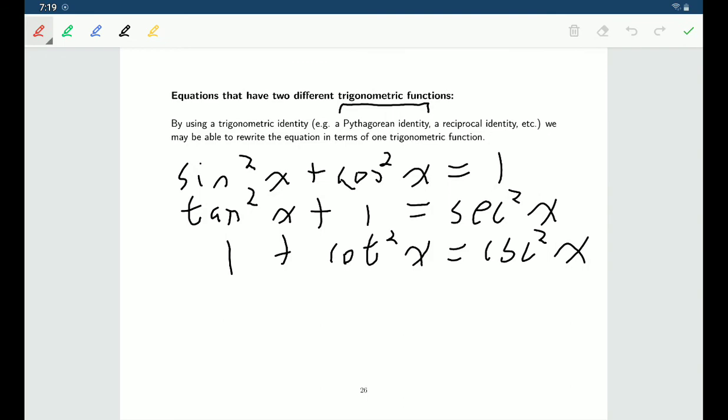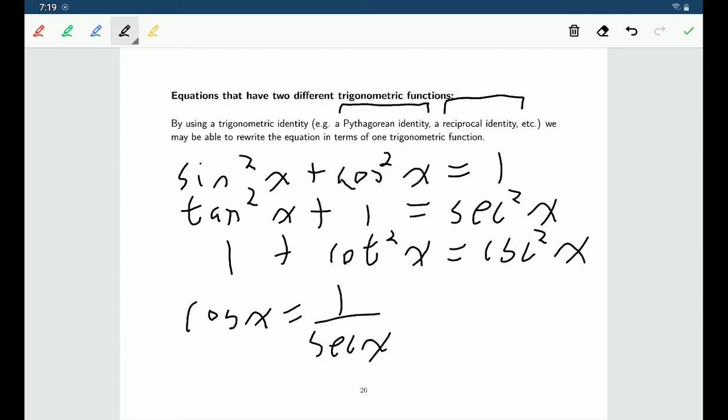Reciprocal identities are things like the fact that cosine is the reciprocal of secant, or that tangent is the reciprocal of cotangent. And so, for example, if I had an equation that involved both tangents and cotangents, I could use that reciprocal identity to turn cotangents into tangents. Or if I had an equation that involved secants and cosines, I could turn cosines into secants or secants into cosines.